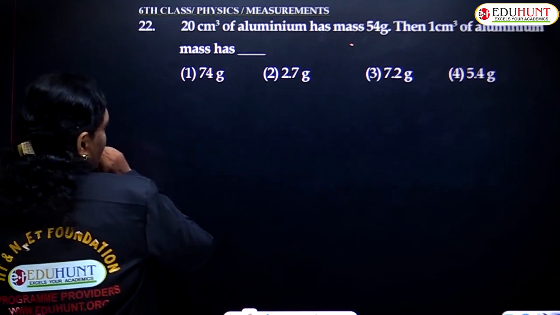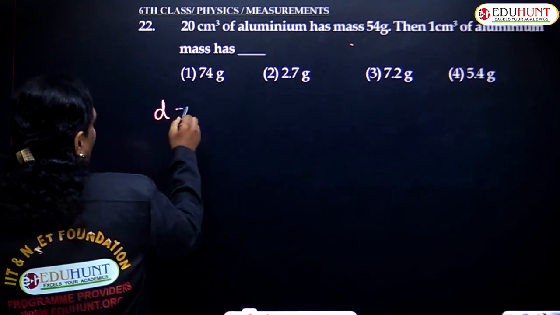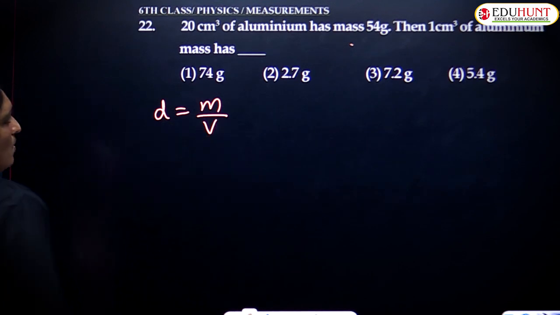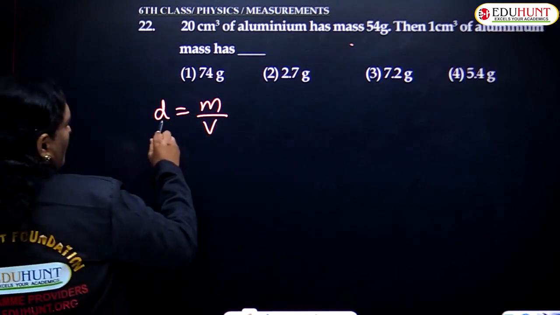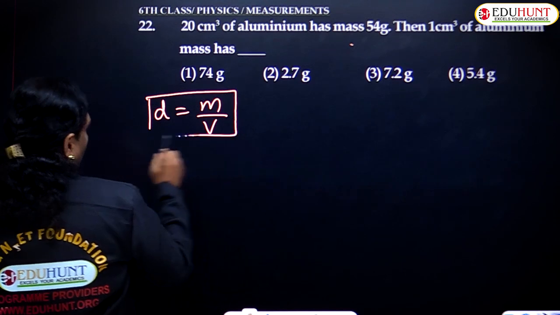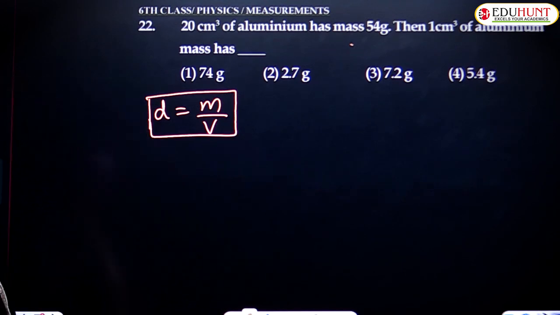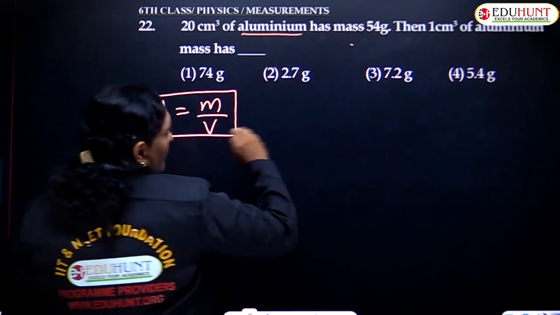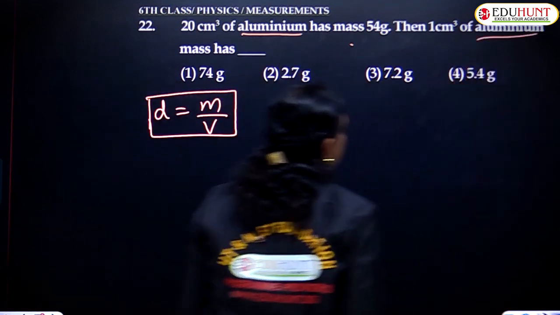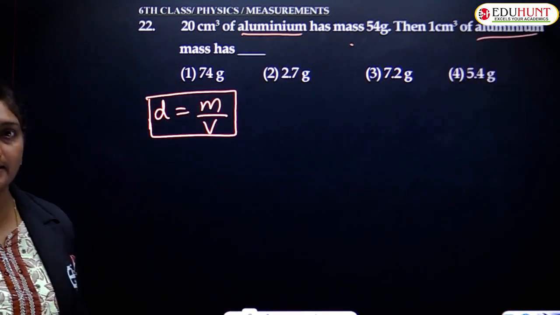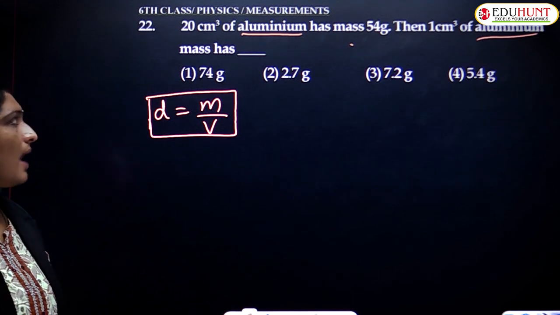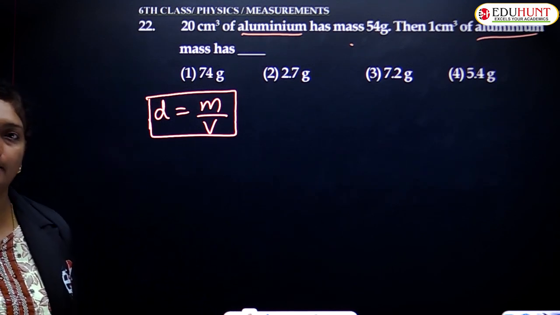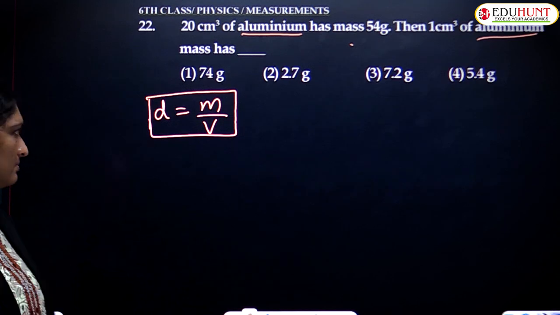So what is given means density equals to mass by volume. So this is the general formula. Density equals to mass by volume. So what material it is? Aluminium. Here also aluminium. So as the material is same, both cases aluminium is considered. So density of aluminium will be same, common.